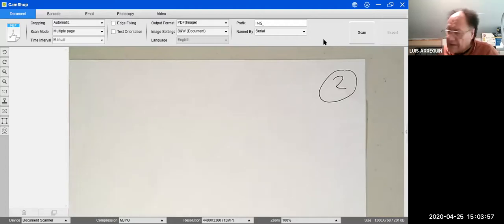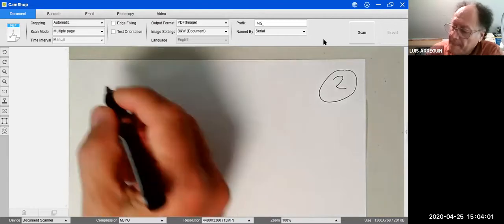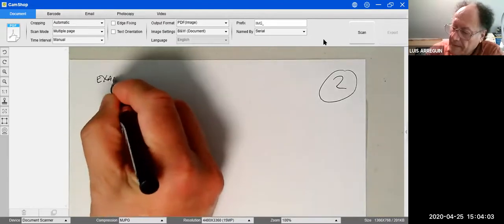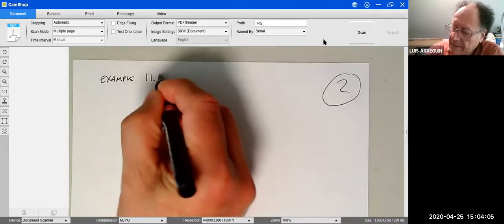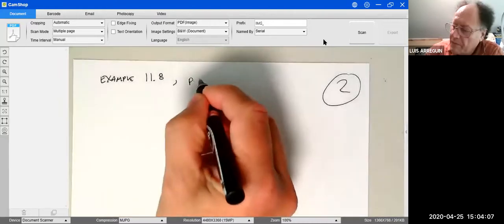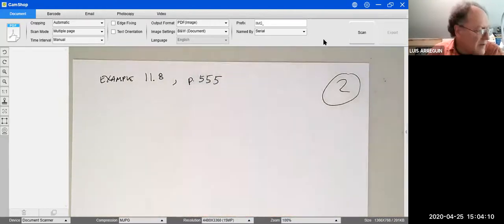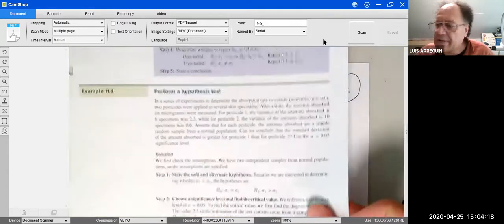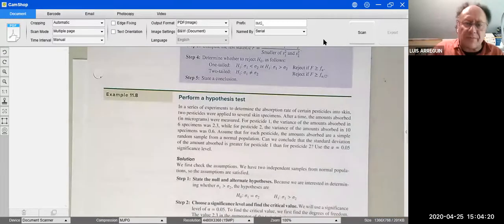So let's see. We're going to solve example 11.8 on page 555. So let's read the example.